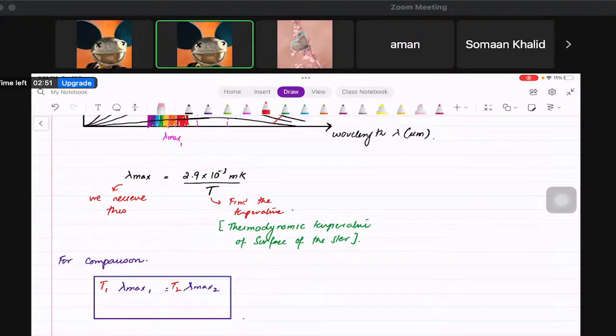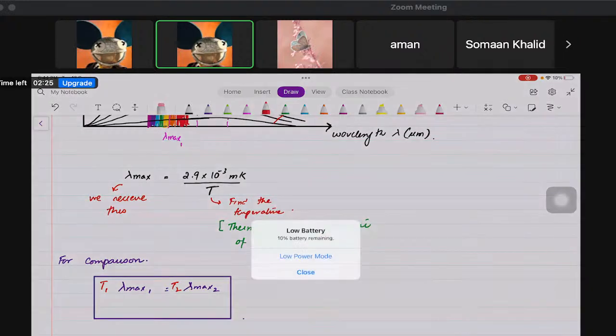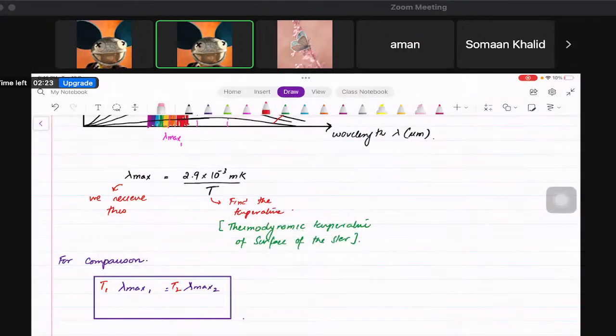Okay, so first of all, I would like to tell you, write a note for this. Number one, the shorter the wavelength at the peak intensity, the hotter the star tends to be.